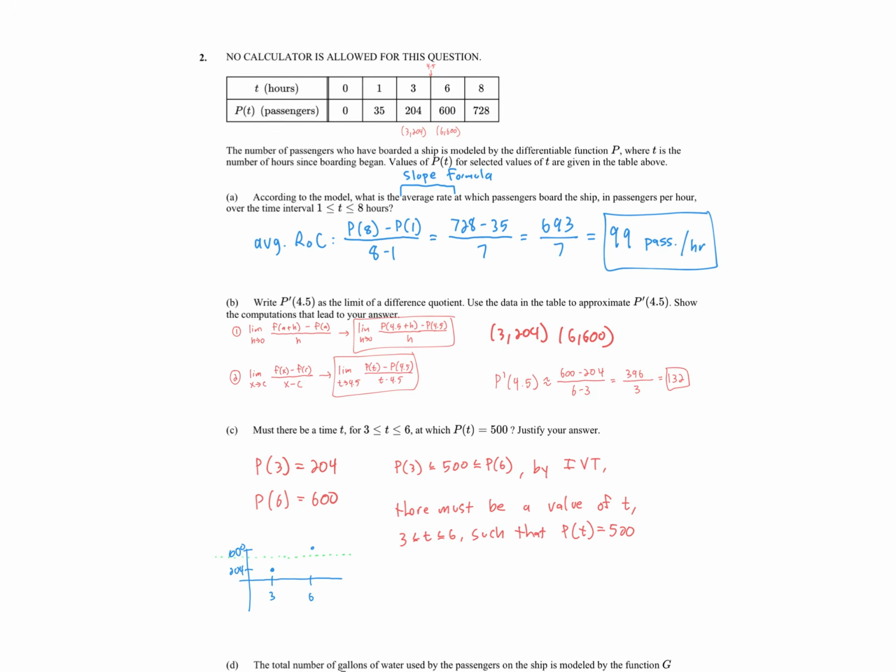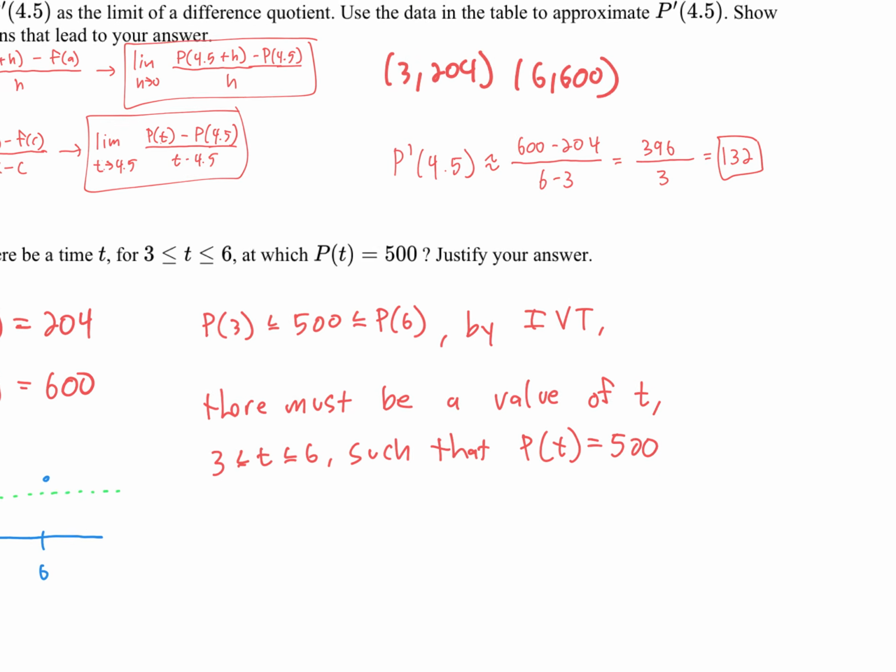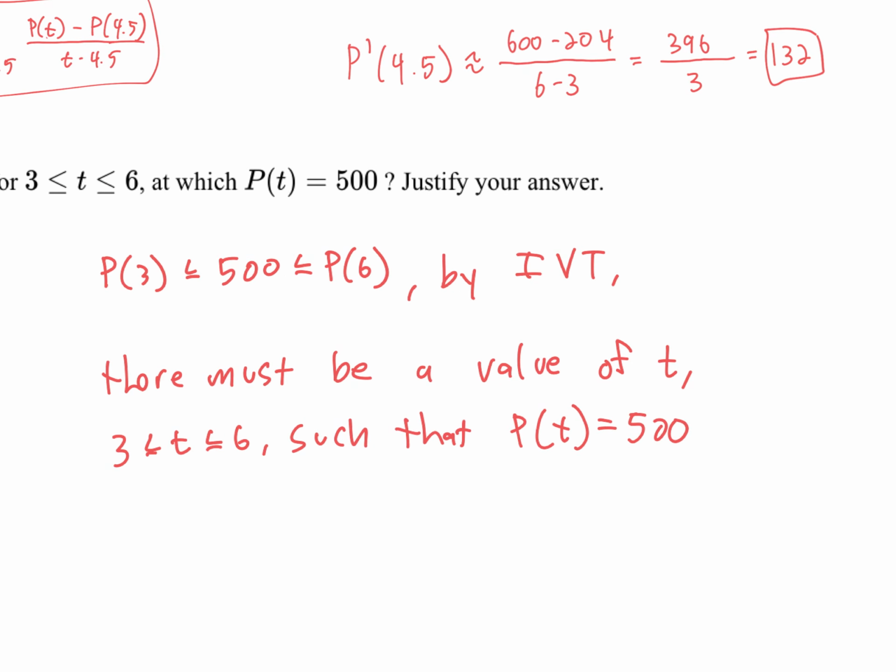And so we really have to say here also, one of the conditions of using the intermediate value theorem is that the function you're dealing with has to be continuous. If you look up here, they tell you the function's differentiable, and that means it's continuous. Anytime they tell you it's differentiable, it's implied that it's also continuous, because any differentiable function is also continuous. If it's differentiable everywhere, it's continuous everywhere.